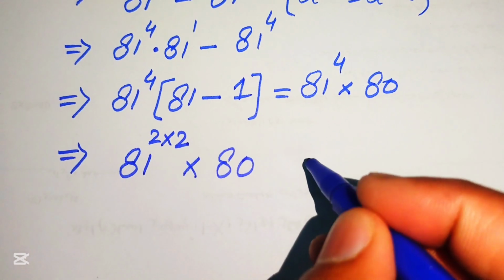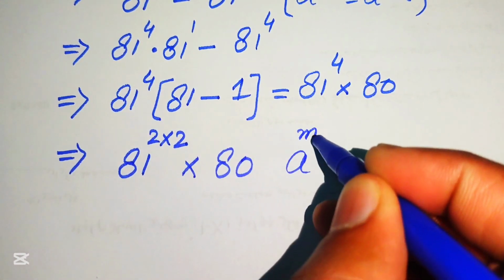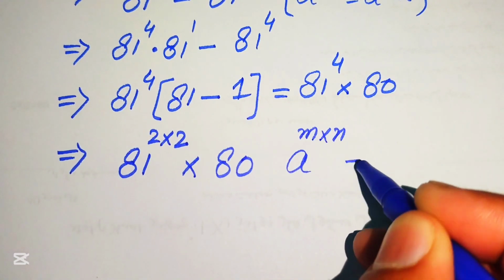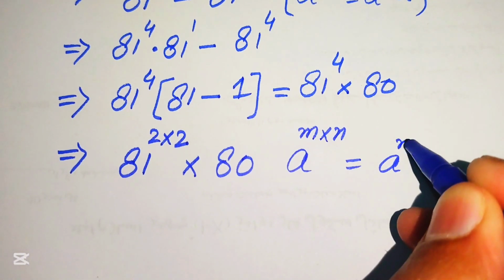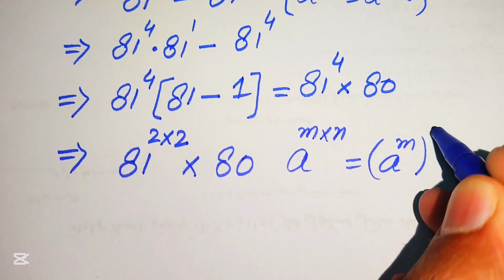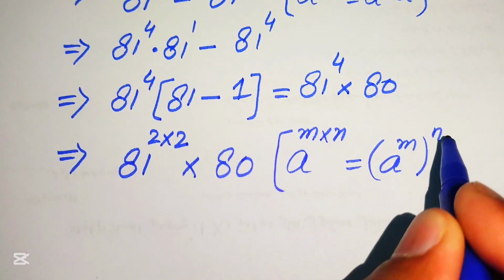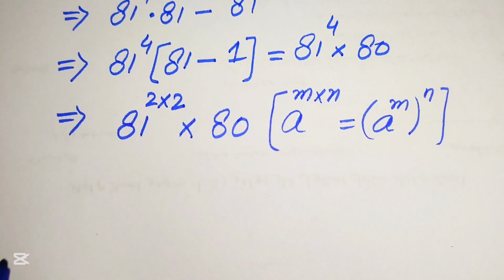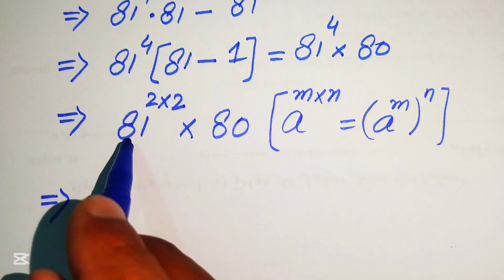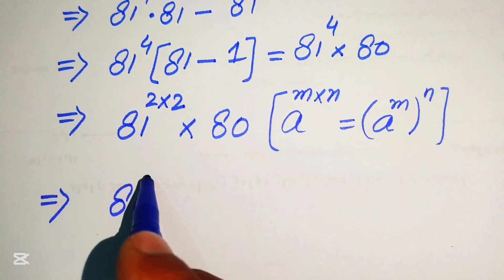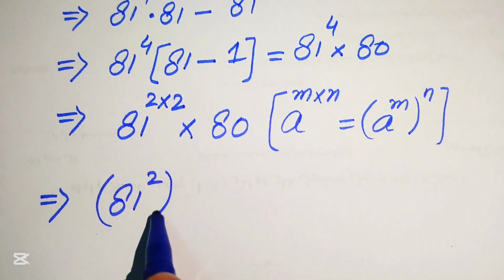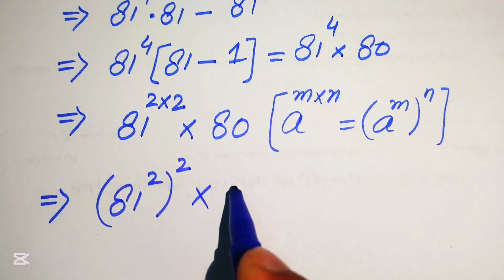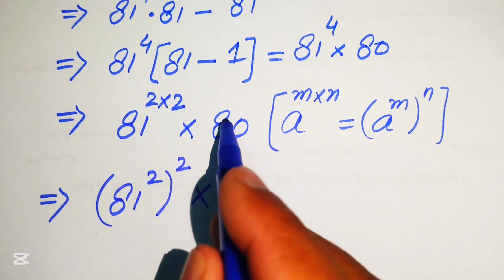Here we apply another exponent law. If you have a to the power of m multiplied by n, we write it as a to the power of m, to the power of n. According to this exponent law, we write this term as 81 squared and its whole square, multiplied by 80.